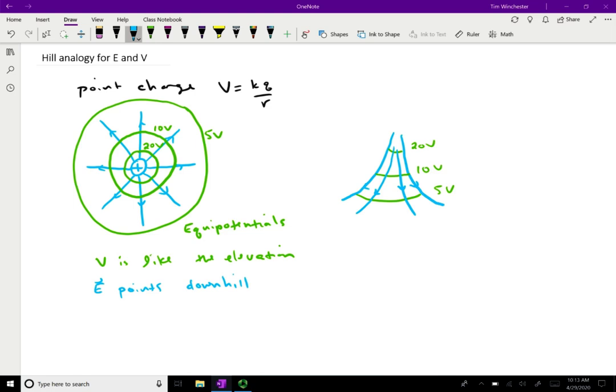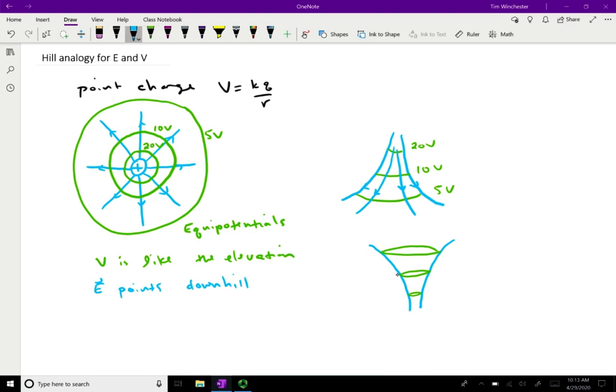All right. So to do another example like this, what if we had a negative charge instead of a positive charge? I could have the electric field lines pointing inward, and the potential gets lower and lower as you get closer to the charge. Notice that you'll end up with negative potentials if you have a negative charge.